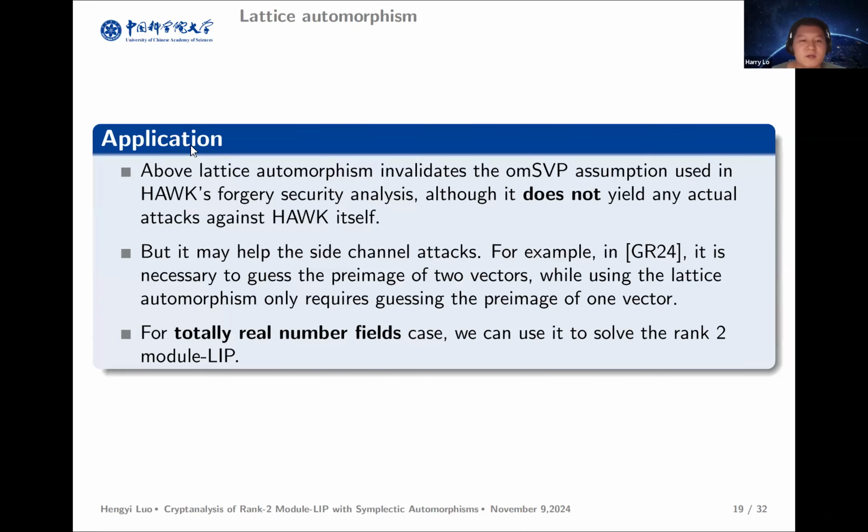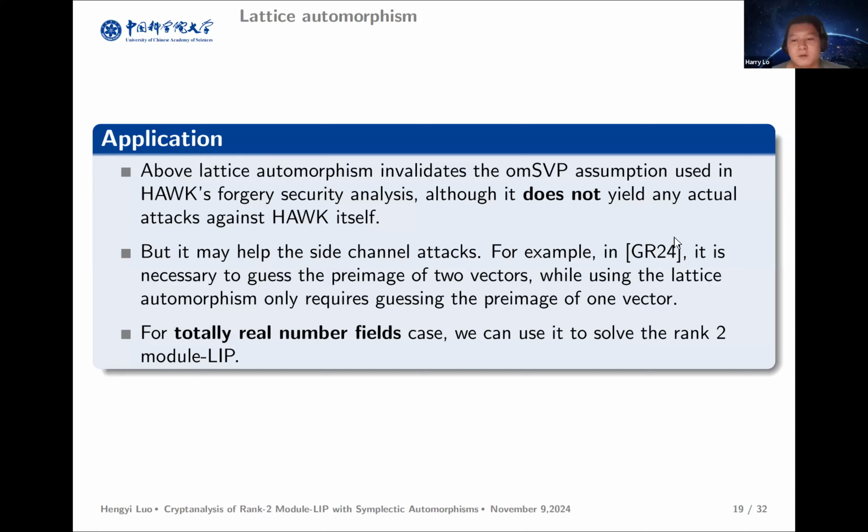As applications, the above lattice automorphism invalidates the ORM SVP assumption used in the Hawk forgery security analysis, although it does not yield any direct attacks against Hawk itself. But it may help the key recovery attacks.